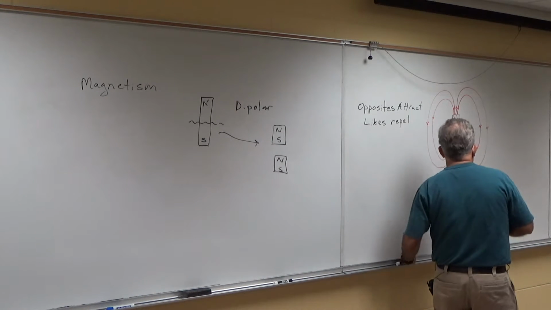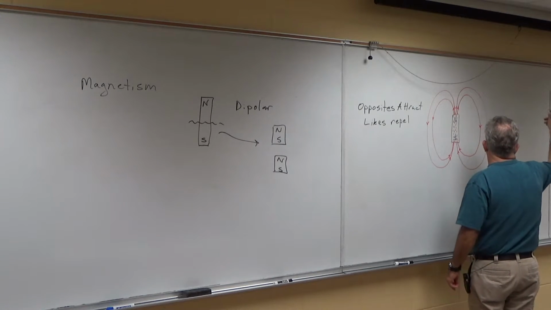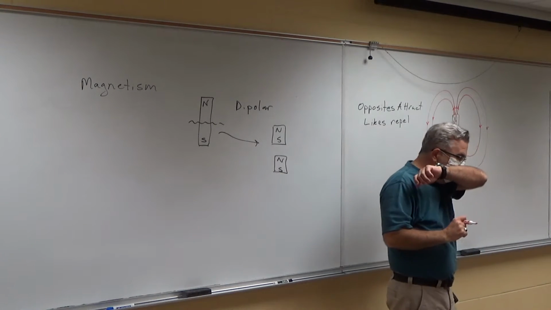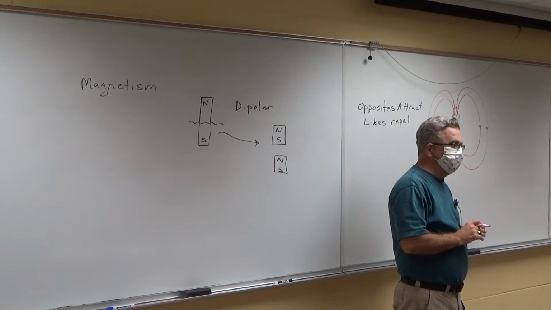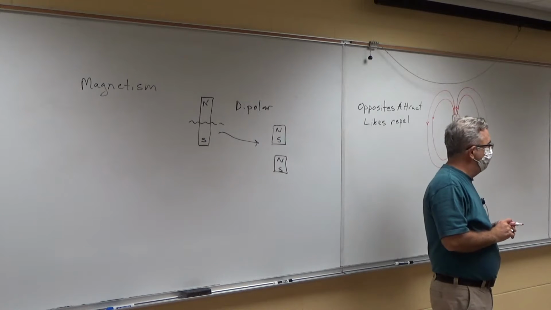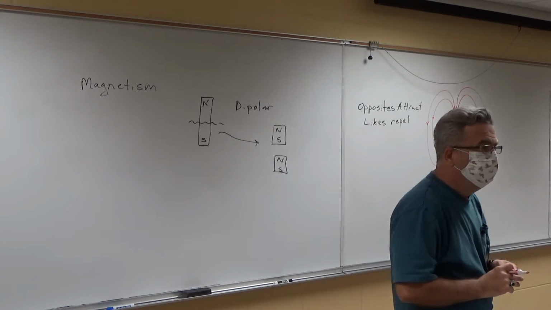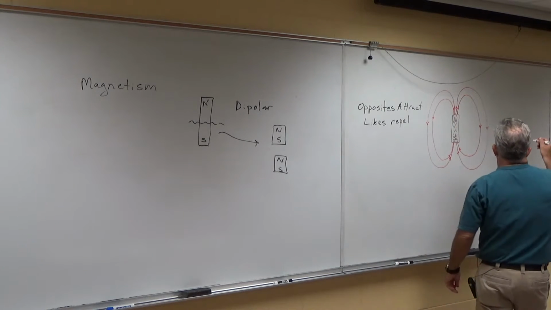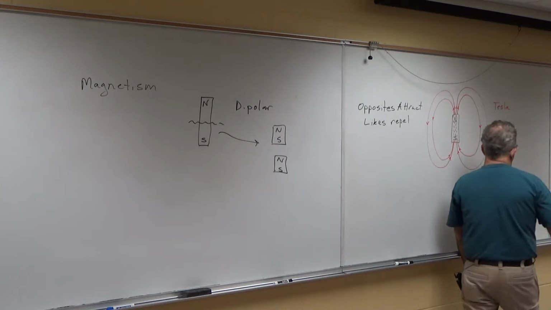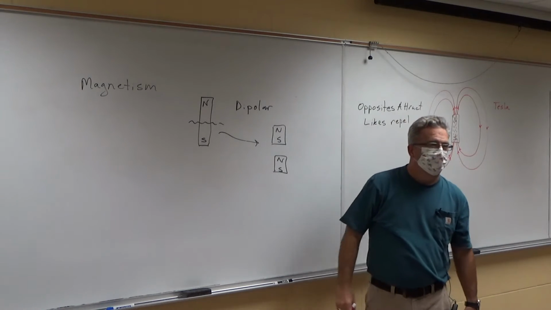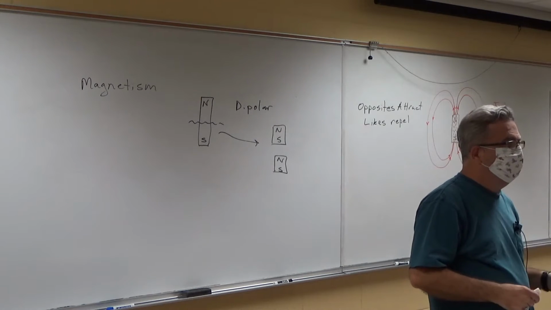The unit of magnetic field, or magnetic field density, is called what? Anybody know? It is a Tesla, long before the cars. Magnetic fields are in units of Tesla.